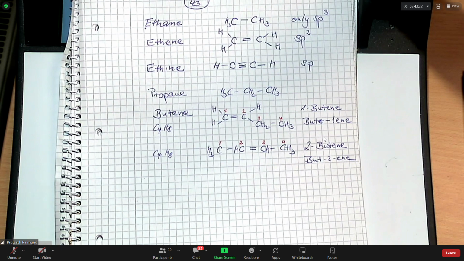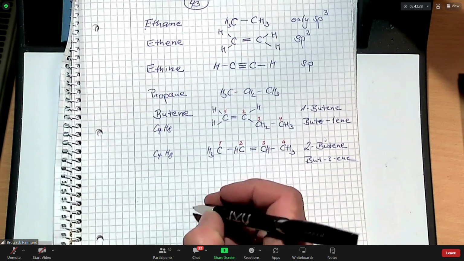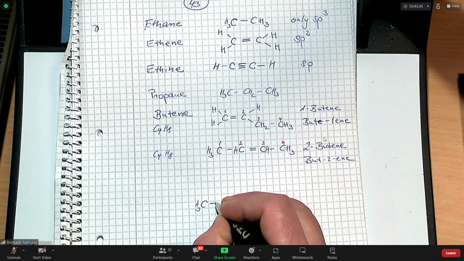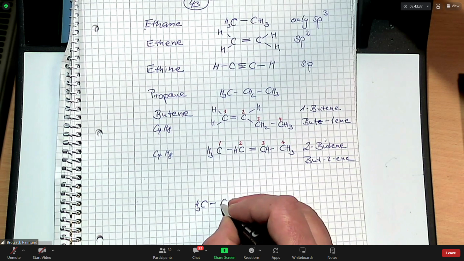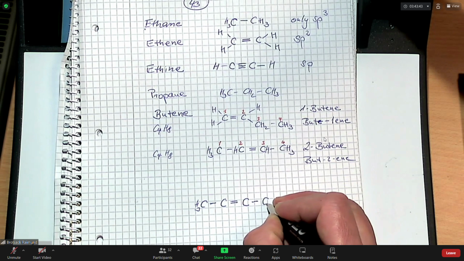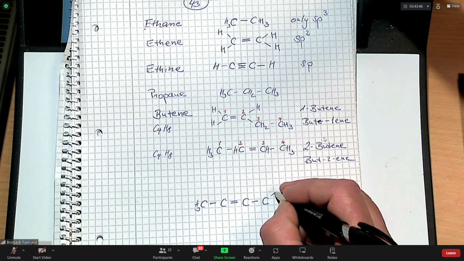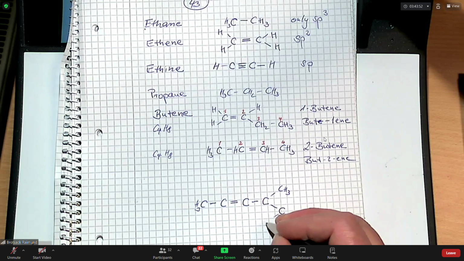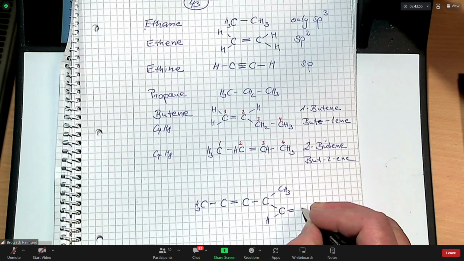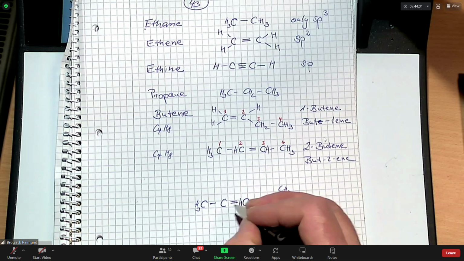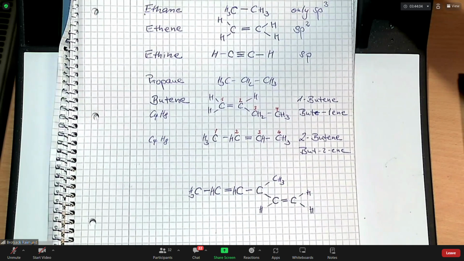Let's talk about a molecule like this. We have CH3, then a double bond to the next one, then a single bond, then CH3, and here a C, H, and again a double bond, and H, H. Here we have an H, and here we have an H. Now, help me.